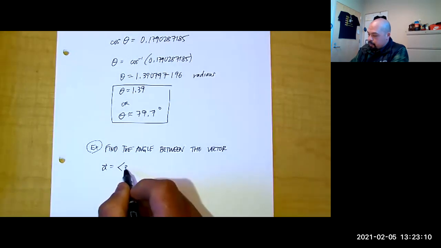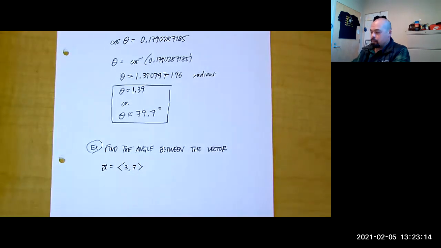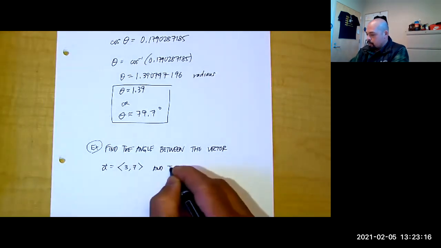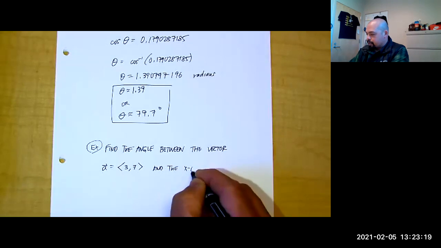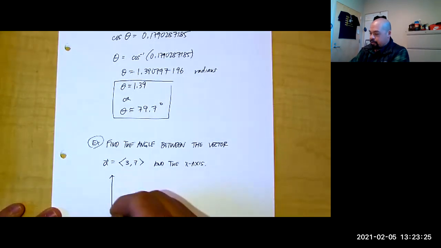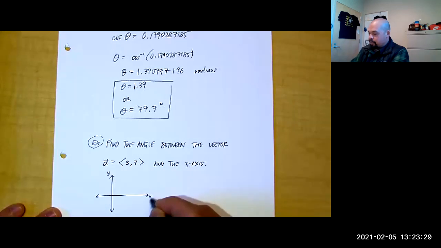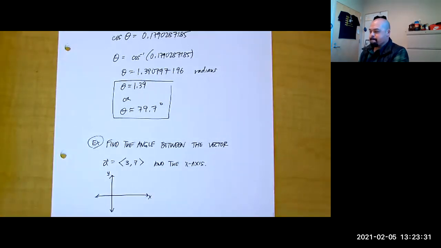Let's say this vector is at 3, 7, and that x-axis. Right, so there's a problem similar to one of those problems in the book. We can extend this even further into 3 dimensions if you wish. But let's just kind of get this visualization in.